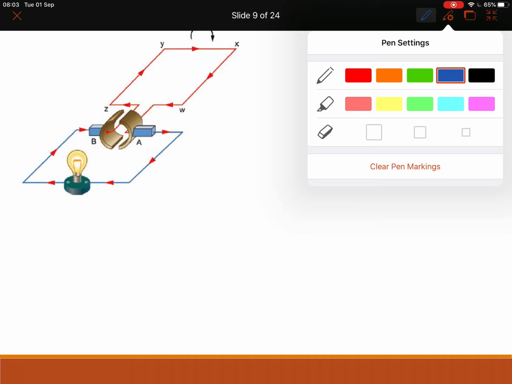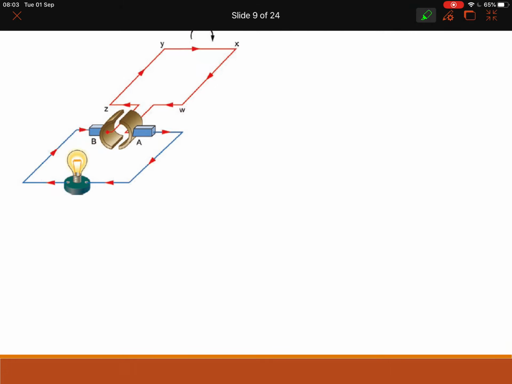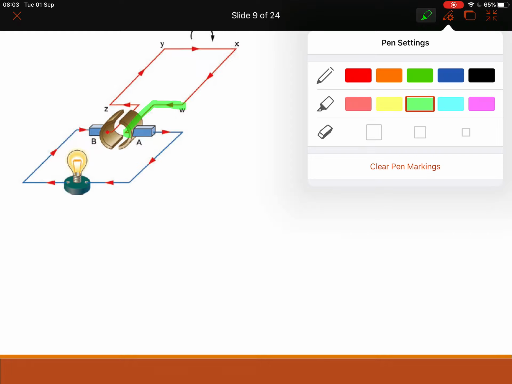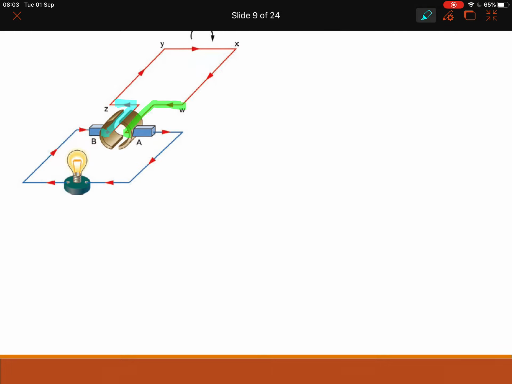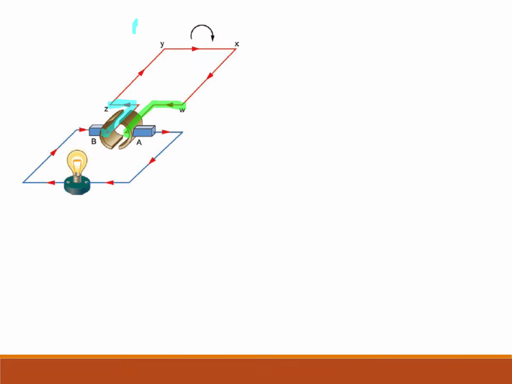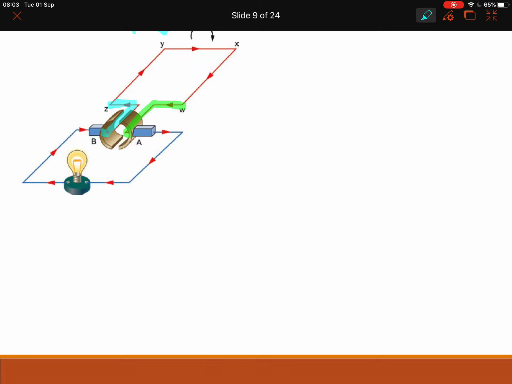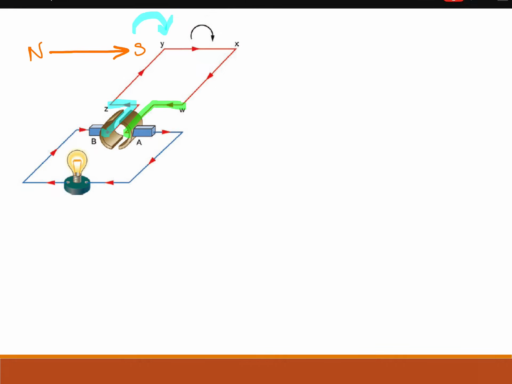So if we look here, and this is very important. Again, if we look at this, A is connected to W over here, and B is connected to Z. Okay? So that's important. We move in that direction. We start moving, all right? The magnetic field, which isn't drawn here for you, but you can put it in, is going in that direction, so north to south.